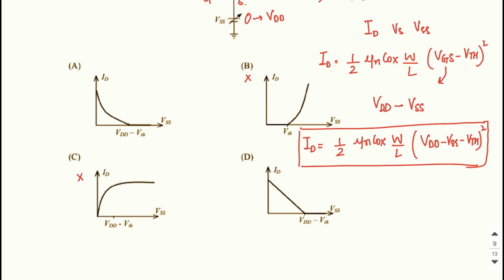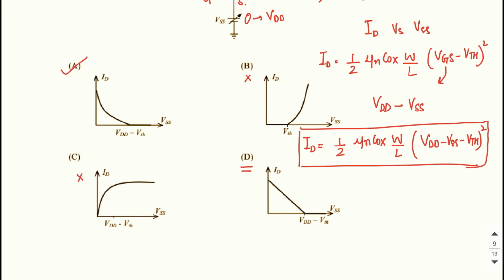So the correct answer will be among A and D. Also, D cannot be the correct answer because this current does not have a linear relationship. This relationship is a square law dependence, which means that as VSS increases, the current will decrease by a larger amount. Hence, the correct answer for this question is A.